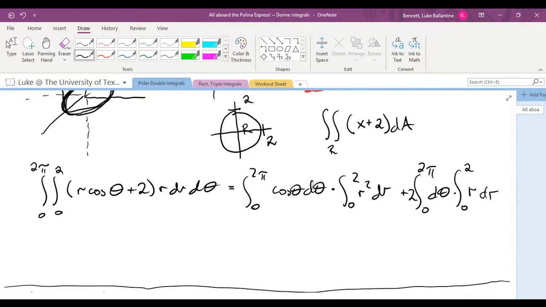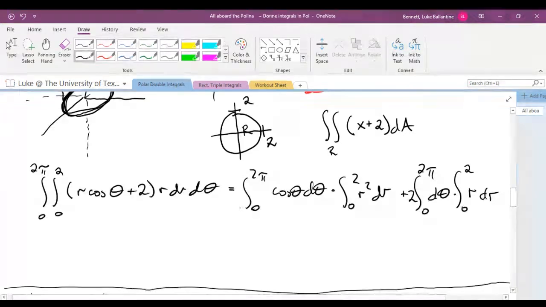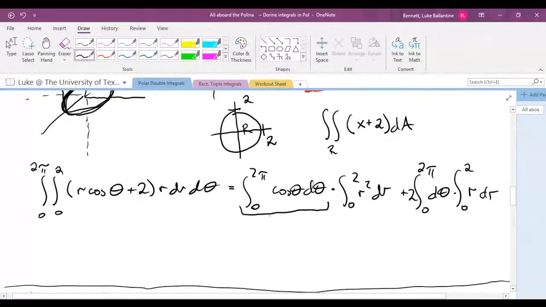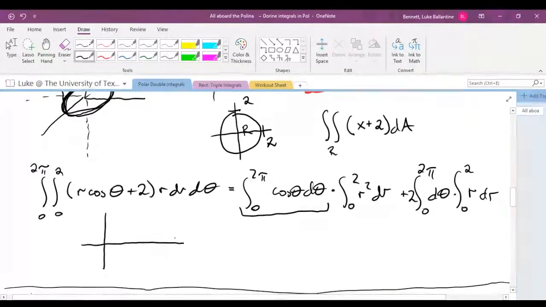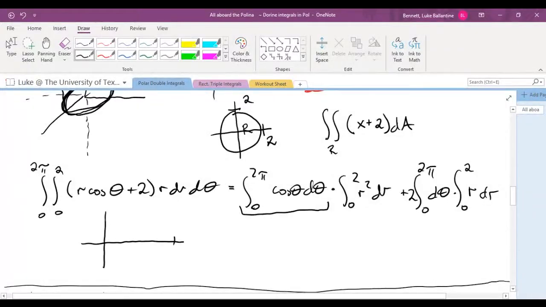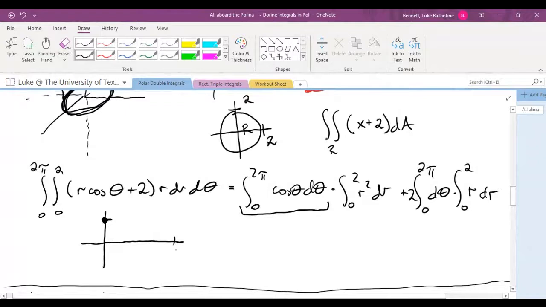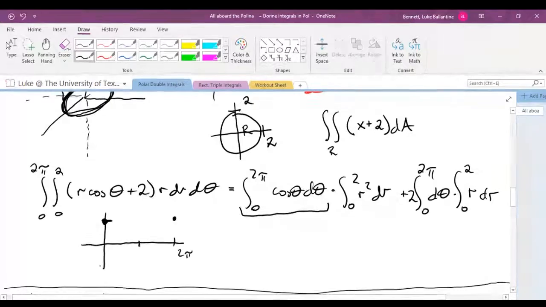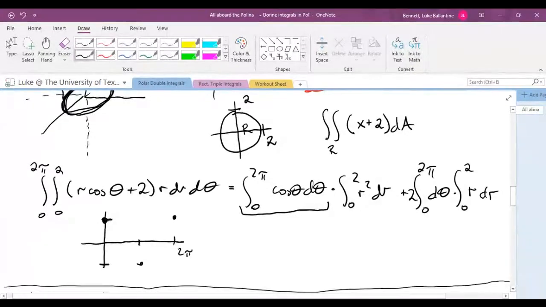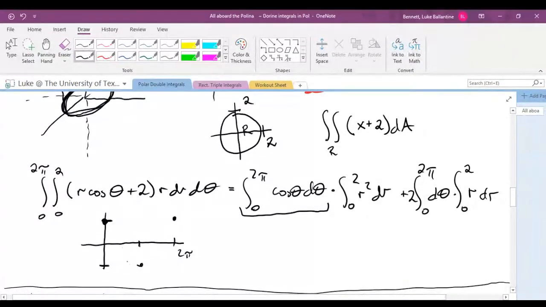If we look at this first integral, we could do this geometrically, right? Cosine from 0 to 2 pi. At 0 we get 1, at 2 pi we also get 1, at pi we get negative 1, at pi over 2 we get 0.